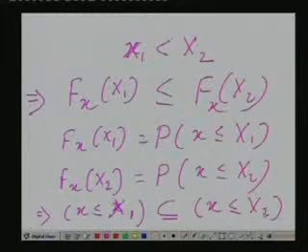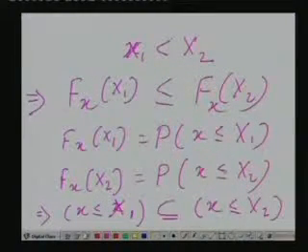Because x1 is less than x2. So, the set of outcomes for which x is less than or equal to x1 must be contained in the set of all outcomes for which x is less than or equal to x2. Now, we have already seen earlier in the context of probability that if one event is contained in another event, then the corresponding probability is less than or equal to the probability of the other event.